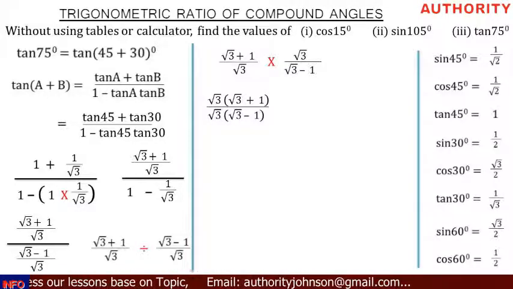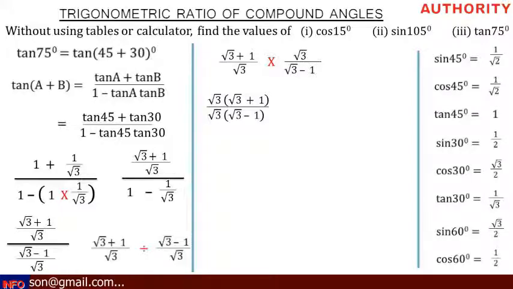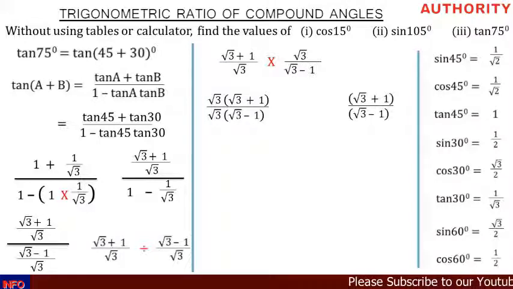So here we have root 3 in the numerator and also in the denominator, and they are outside the brackets. So we can simply cancel both of them out. When we cancel both of them out, we are left with root 3 plus 1 all over root 3 minus 1. So from here, let's rationalize.